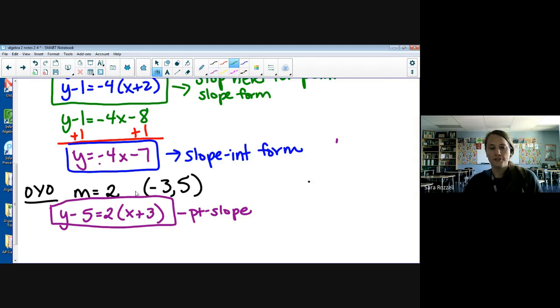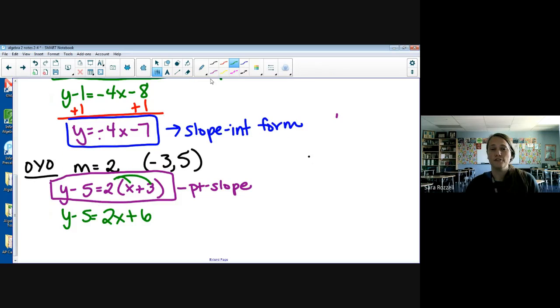All right, so we have to distribute our 2 first. So we have y minus 5 is equal to 2x plus 6. Make sure the 2 goes to both of your numbers, okay? And then we want to move the 5 to the other side, so we will add it because it was a minus 5. So we're going to add 5 to both sides, and we end up with y is equal to 2x plus 11.